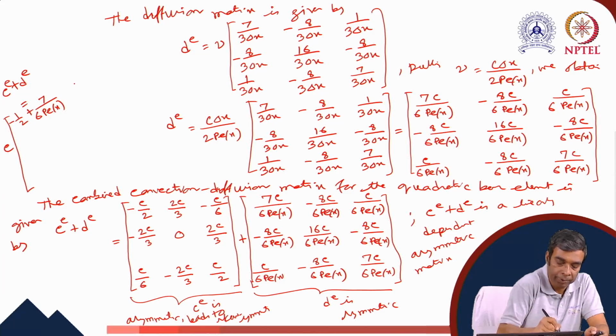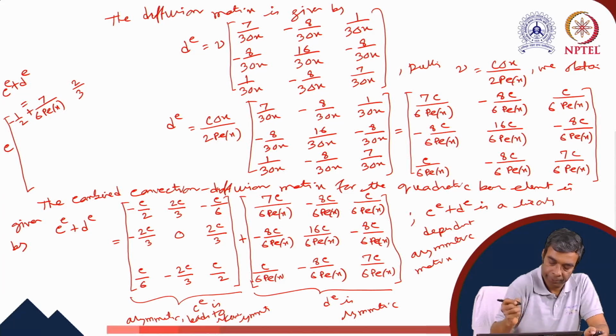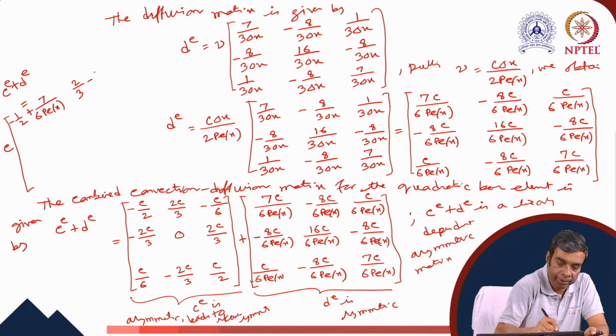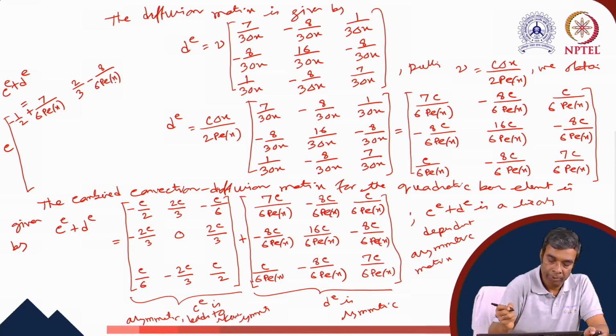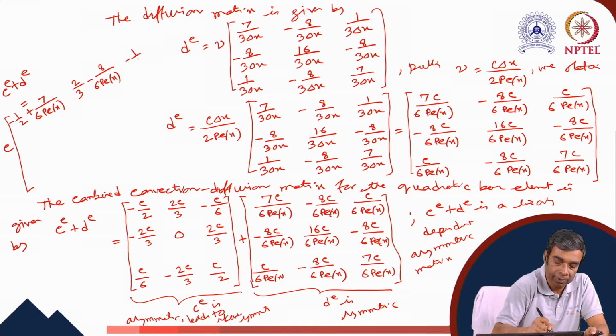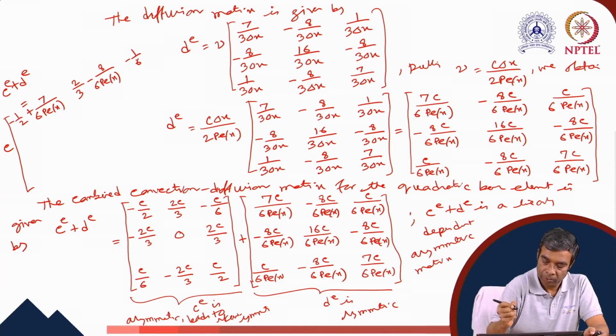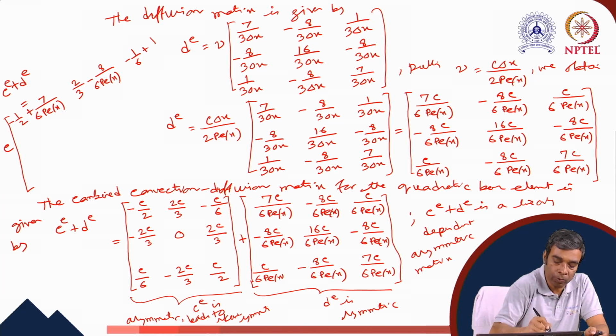Then we have 2 by 3 minus 8 by 6 Pex, minus 8 by 6 Pex. In the third we have minus 1/6 plus 1 by 6 Pex, plus 1 by 6 Pex.